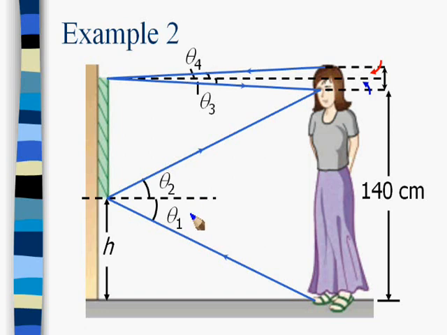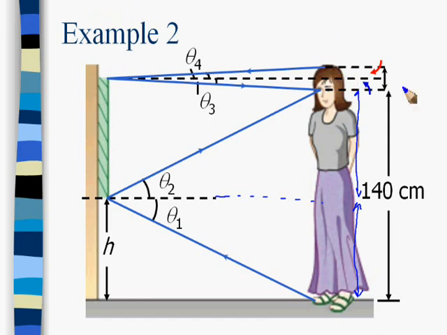As we see, these are the two angles, theta 1 and theta 2, and when we extend this we find that this part is 140 centimeters, and the congruency of these two triangles shows us that this distance is 70 centimeters as well as this distance is also 70 centimeters.